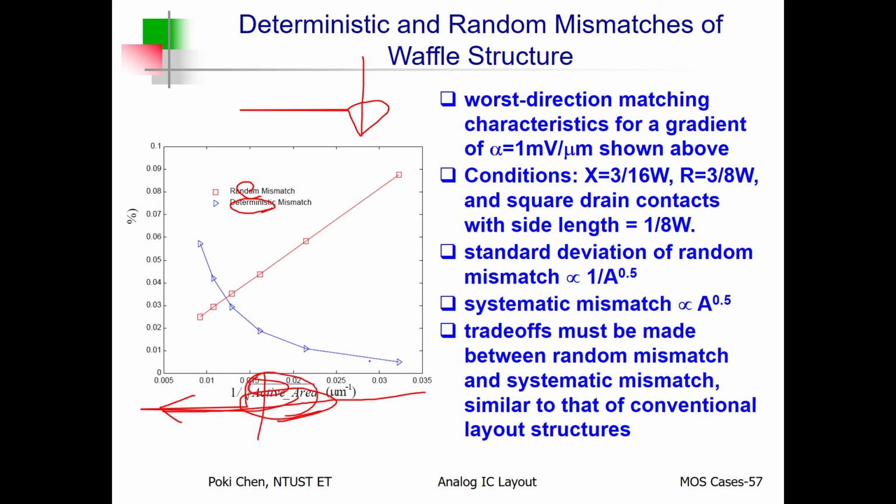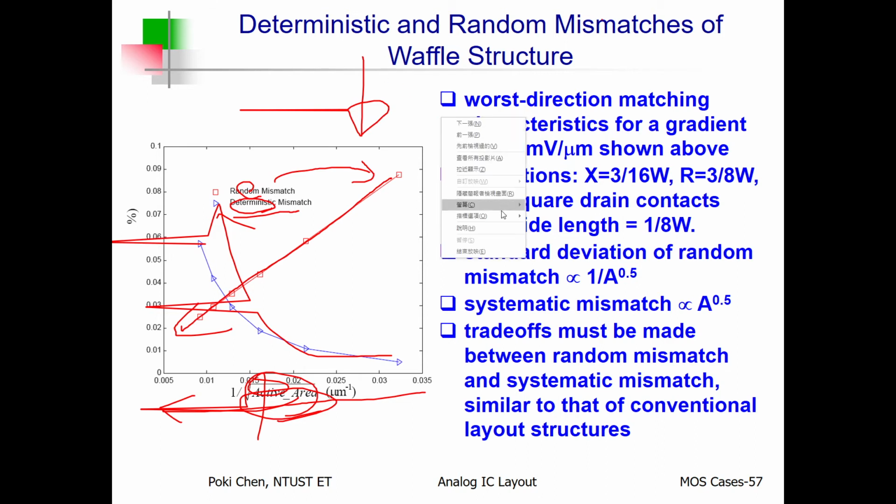All right. So how can you handle random mismatch? According to the red line, the larger the area, the smaller the mismatch. However, for systematic mismatch, it is the contrary. The larger area means that the spatial coefficients will become larger, right? So the impact will also be enlarged. That's it.